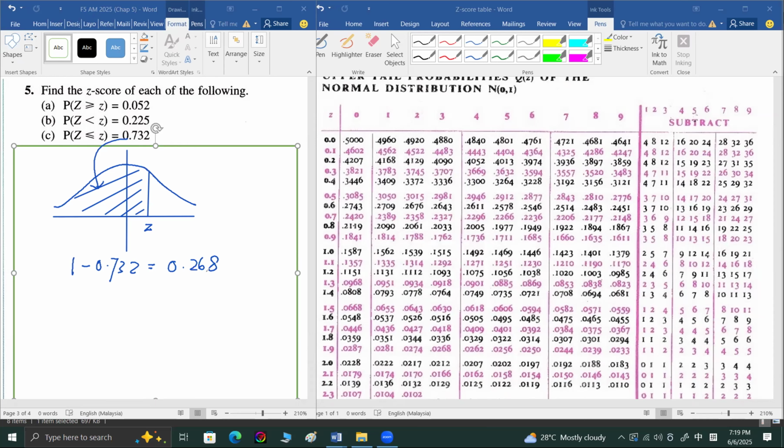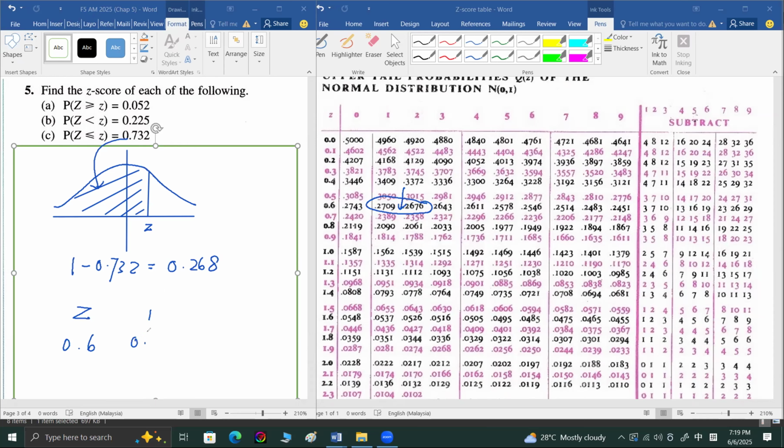Okay, class, now look at my screen here. Z, 0.268. Okay, 0.2 there, 0.2 here. 268 lies between these two, can you see? So I choose 0.61. Can you see the 1 here?